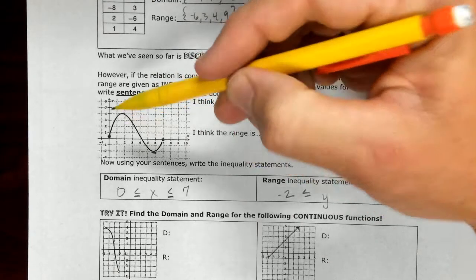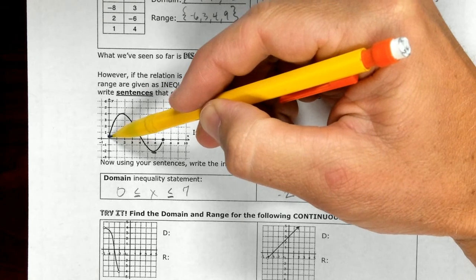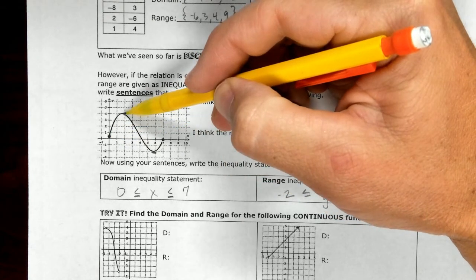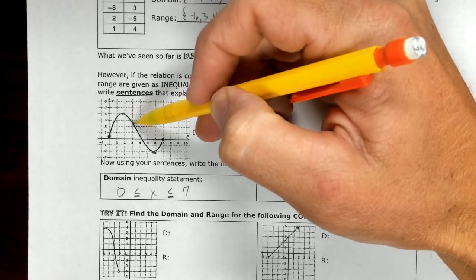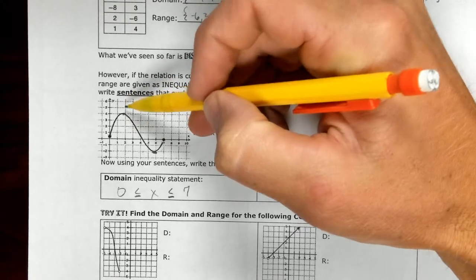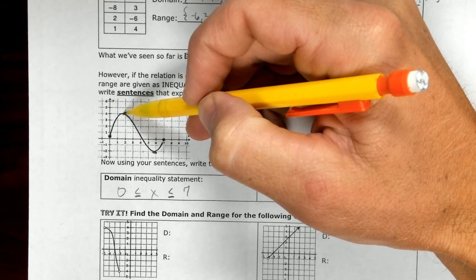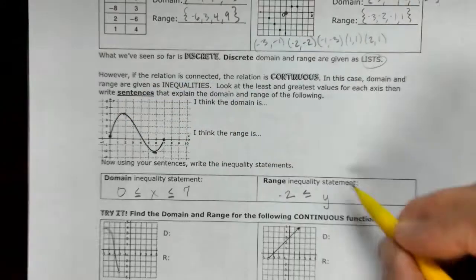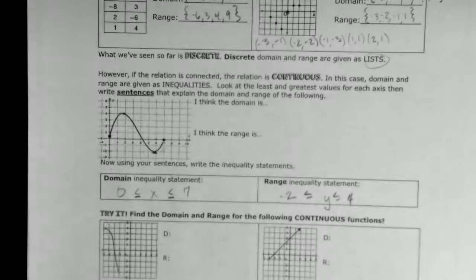Now, again, I don't need an exact point. That's not the highest the function gets. That's the highest the function gets. Even though there's not a circle there, it touches up there. The function is there. I can point to it. So that is the biggest value for my range, which is at 4. Bam, there it is.